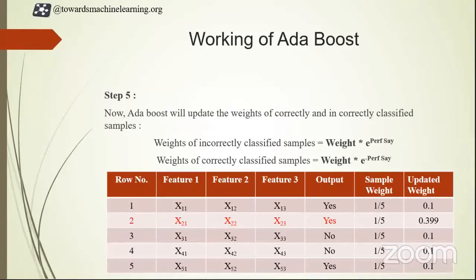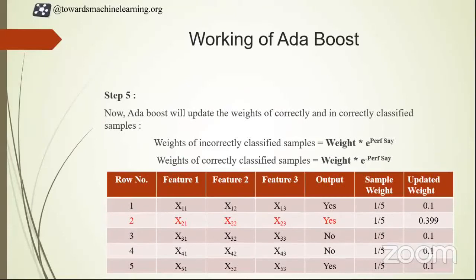So by this, you can see that the updated weights of the correctly classified samples will be decreasing, and the incorrectly classified samples' weight is increasing. You can see that for the correctly classified samples, we will get 0.1 as the updated weight. After you perform all this calculation, you will get 0.1 in our data set, and for the misclassified sample, we will be getting 0.399.